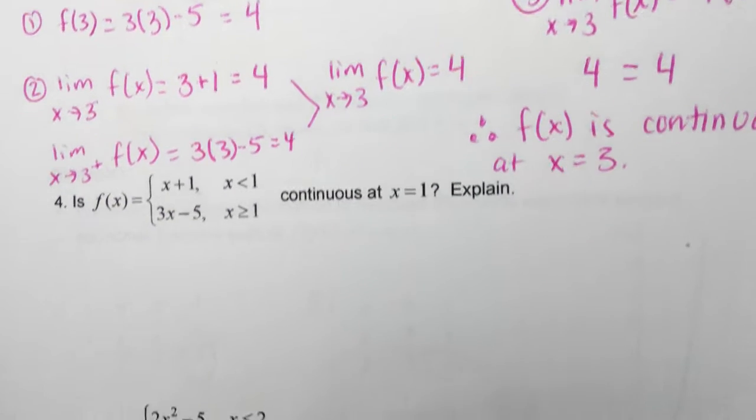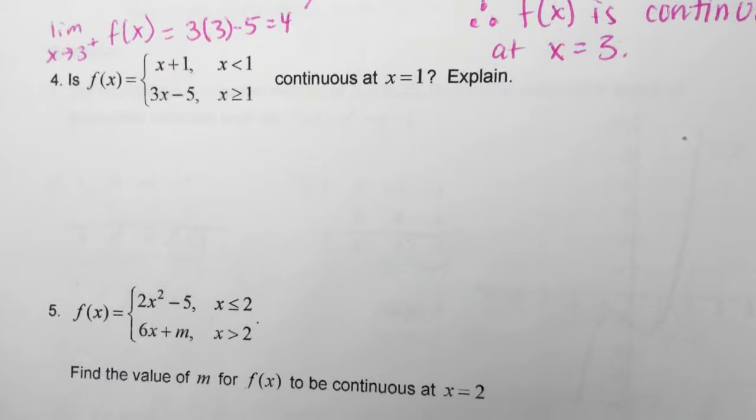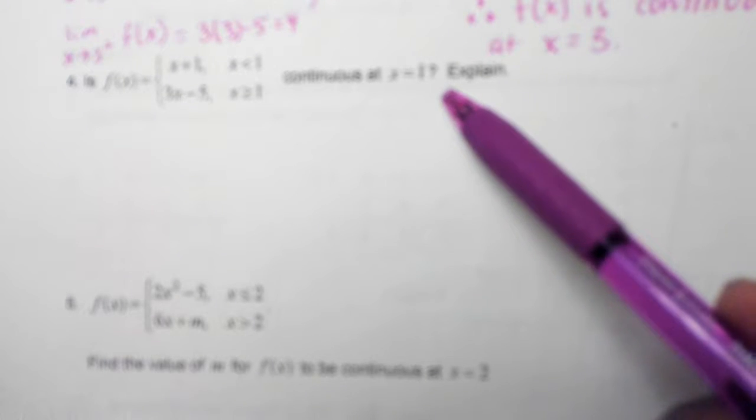You can use the same logic and steps to determine if f of x is continuous at x equals 1 in example number 4. And we're just going to look at example number 5, where we are looking for a value of m to make f of x continuous at x equaling 2.